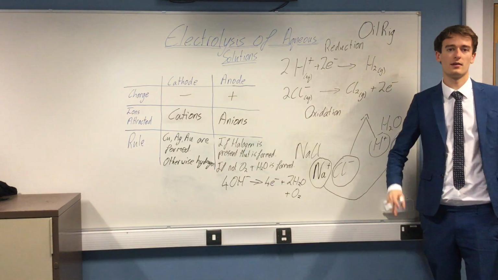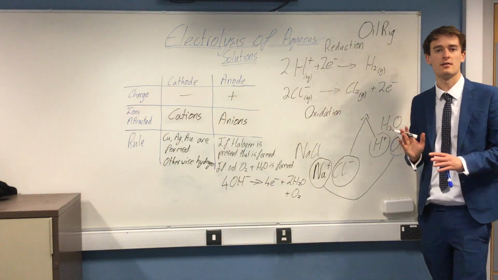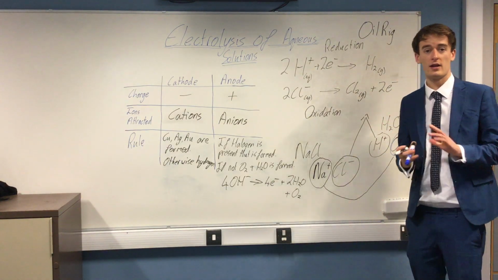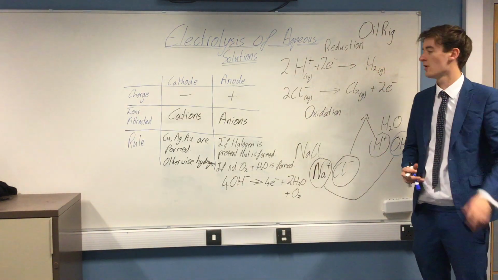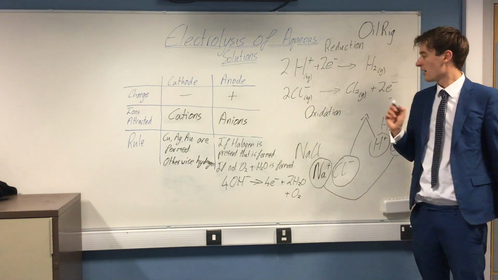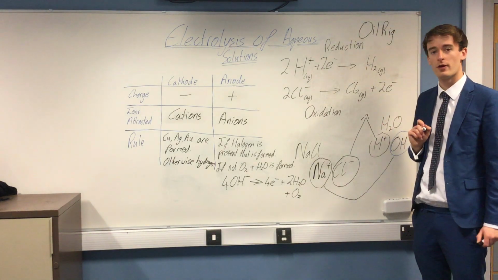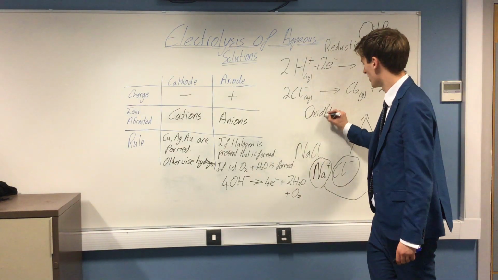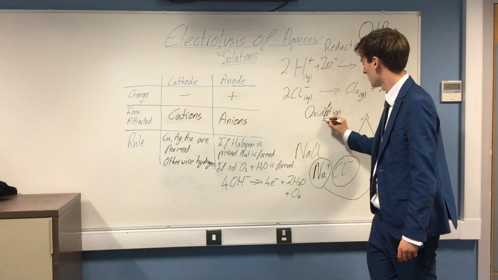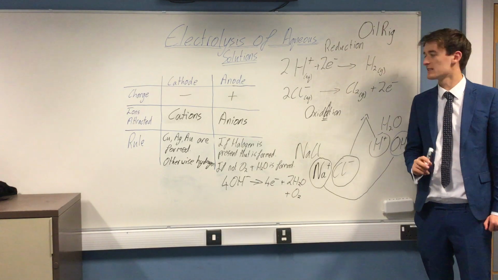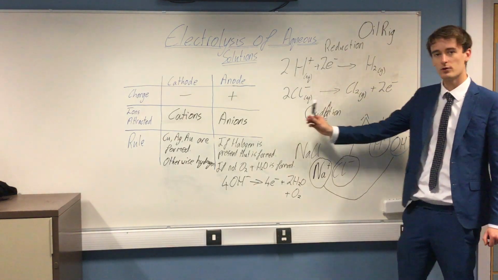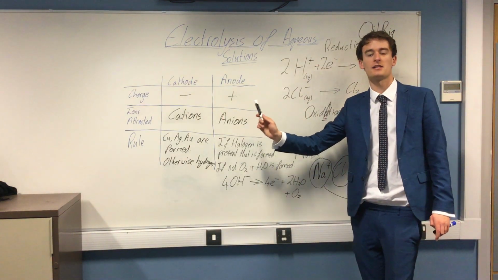Now, this might be tricky to understand and you might be concerned when the exam asks you for either reduction or oxidation, which do you choose? However, the words are here to help you out. Oxidation has an A in the middle of it. I like to think of this as standing for anode, because oxidation always takes place at the anode.